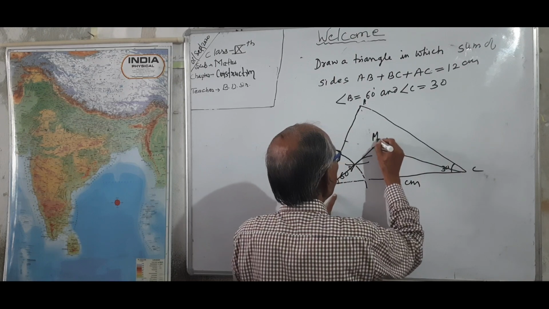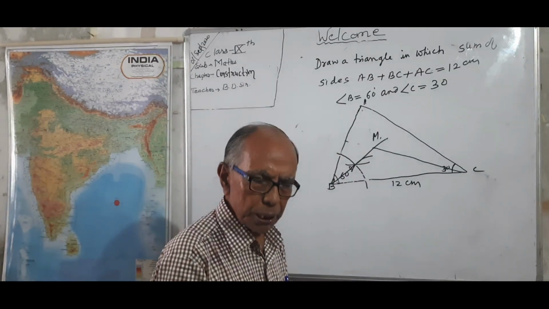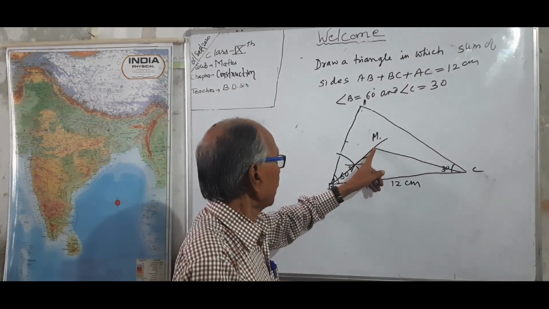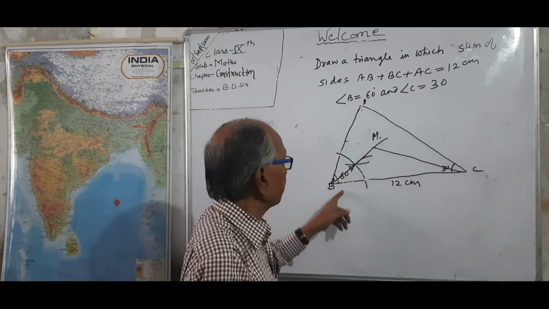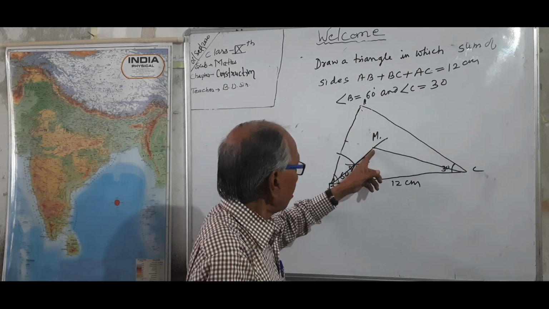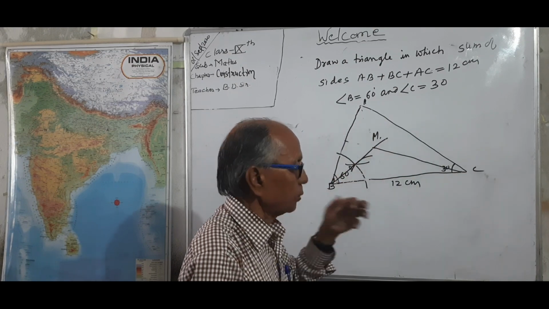Suppose this is BM, both lines start at M. Now, what do we have to do? From M, we draw a straight line parallel to AB, and from M also we have to draw a straight line parallel to AC.